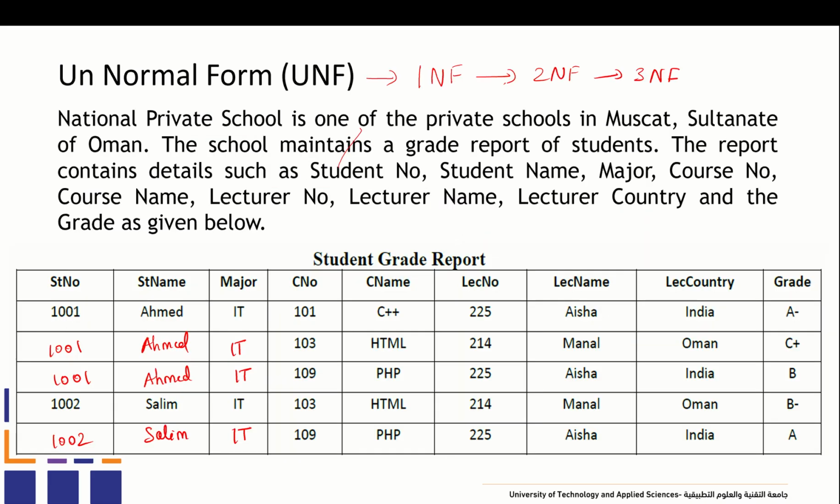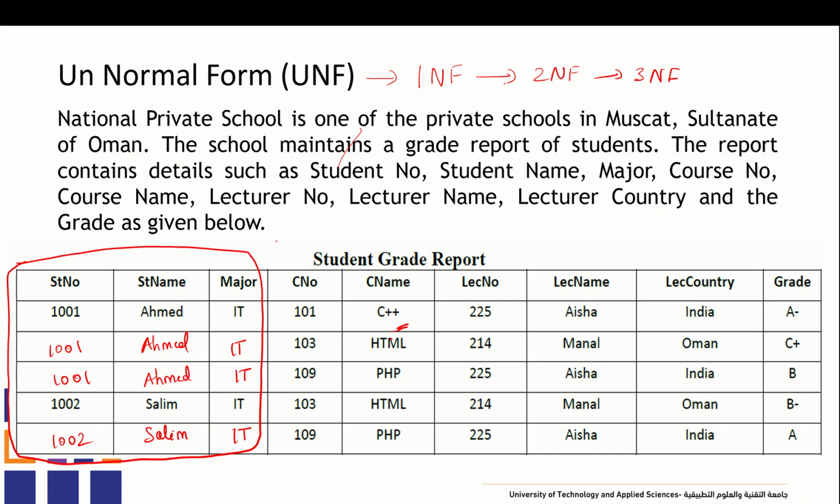Now coming back here, in this table, which is repeating? Can you see repeating? 1001, 1001, Ahmad, Ahmad, Ahmad, IT, IT, IT. It's repeating, right? So this one is the repeating group. First you have to identify the repeating groups. As I told you, a table will be in first normal form if it does not have repeating groups.